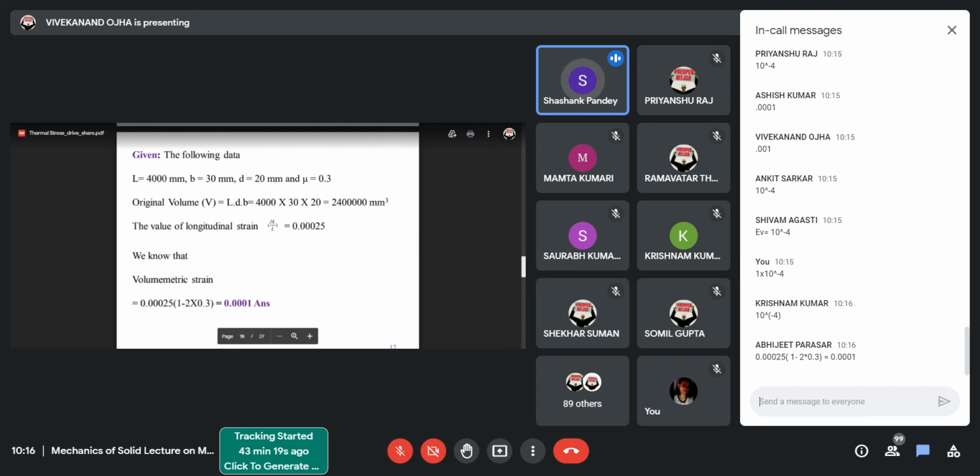Once we know the longitudinal strain, that is delta L upon L, we can calculate the volumetric strain. But this case is only valid when the bar is subjected to load in the axial direction only. Then our formula given in equation number 12 is valid only for a bar subjected to load in the axial direction only.